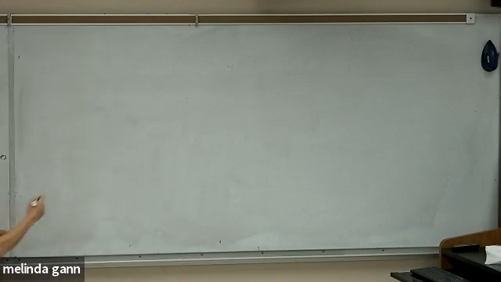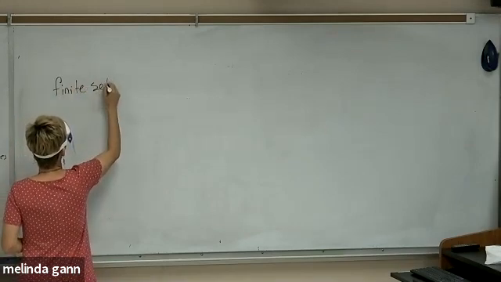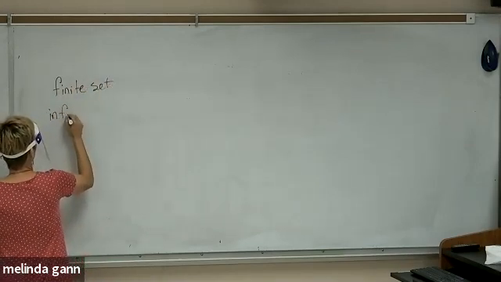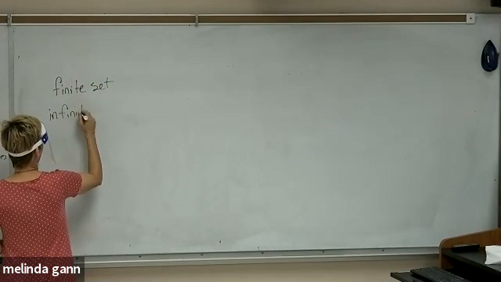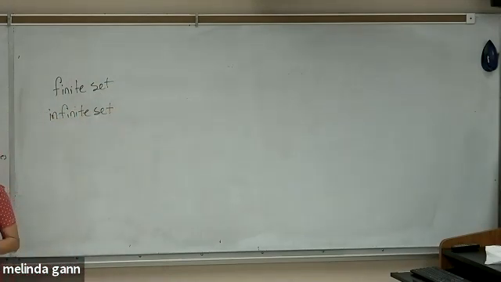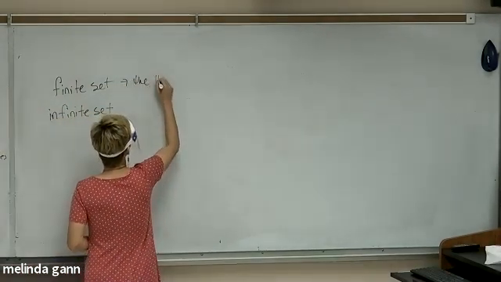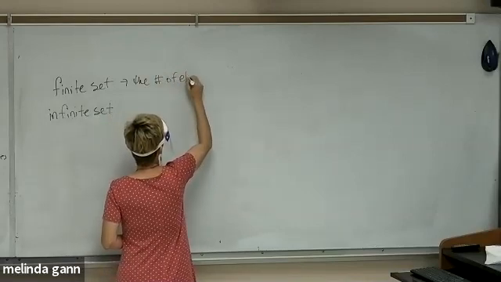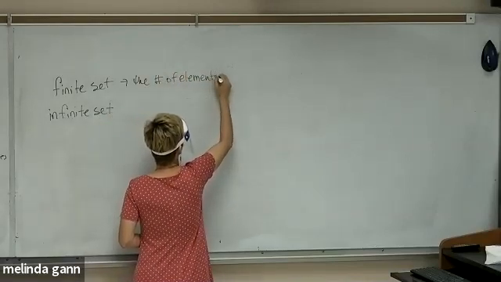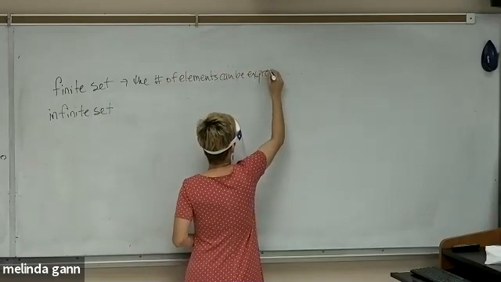All right, there's two things you need to understand. A finite set, and that looks like it's infinite, but it's pronounced infinite. All right, a finite set, the number of elements can be expressed as a whole number.